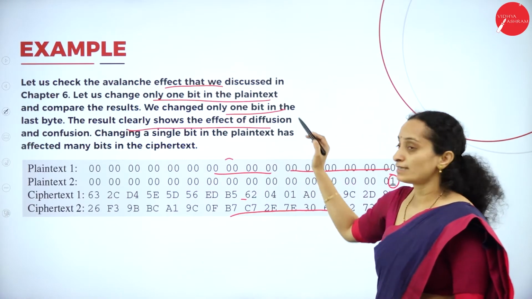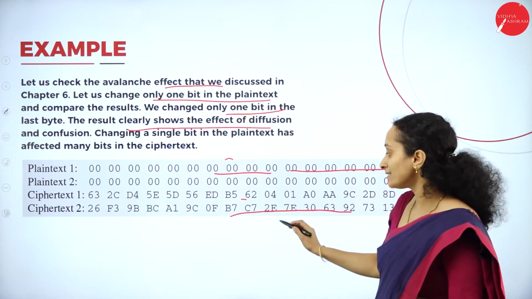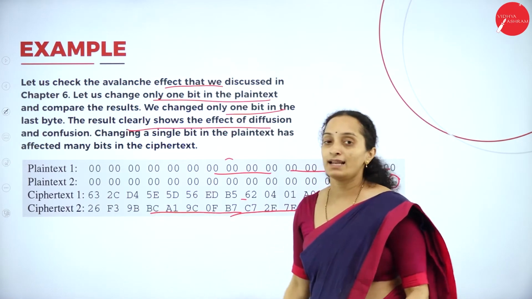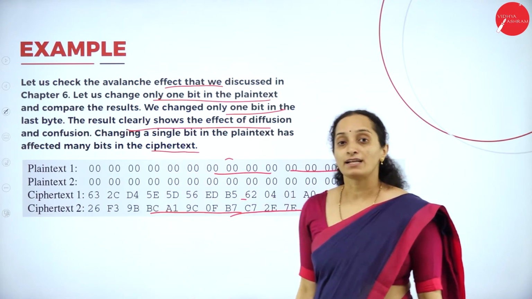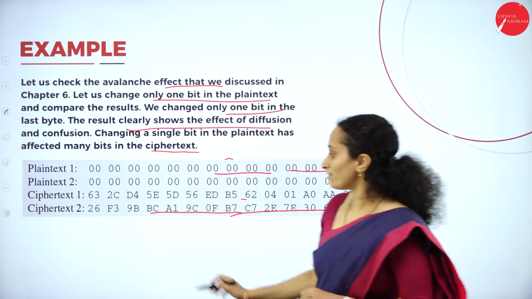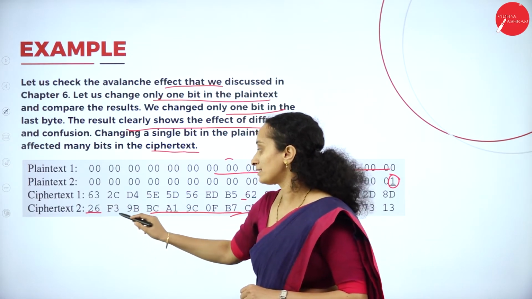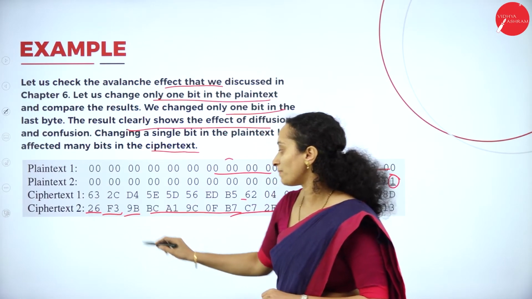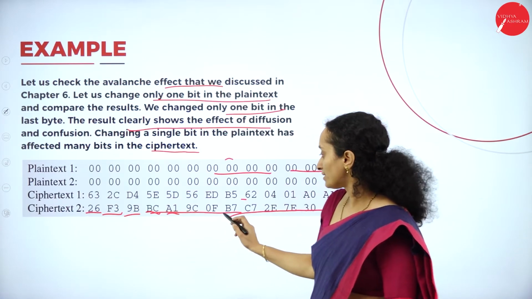The result shows that diffusion and confusion have created an entirely new set of cipher text, and it affects almost every bit; not all, but most of the bits are affected. These bytes, this byte, this byte, this word, all are changed.